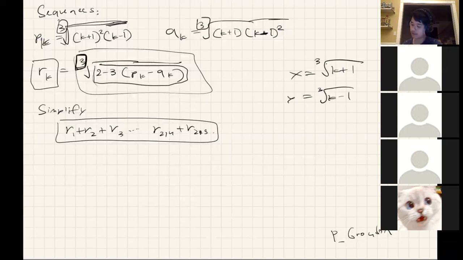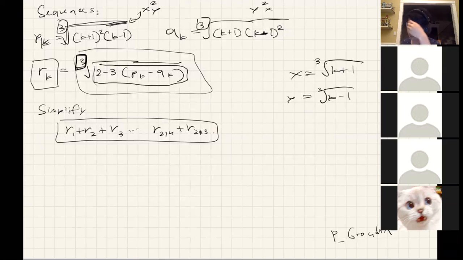So now we have something very cool, a little bit spicy. So this term becomes x squared minus x squared y. This term becomes y squared x.